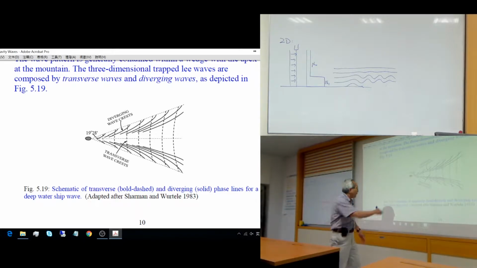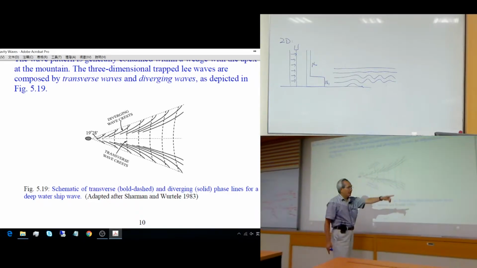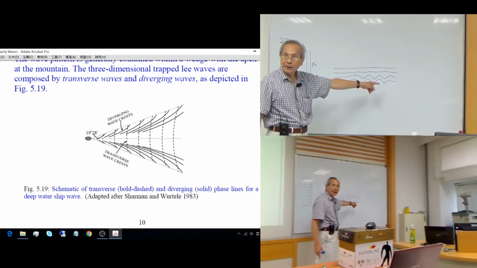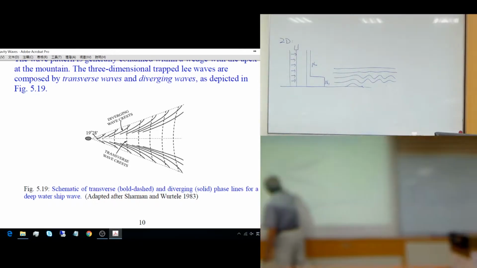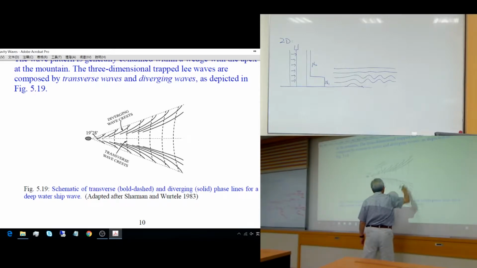This wave is actually similar to the two-dimensional Lee wave.